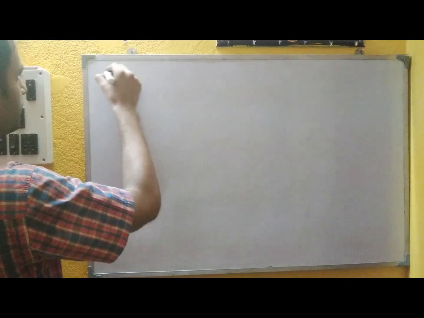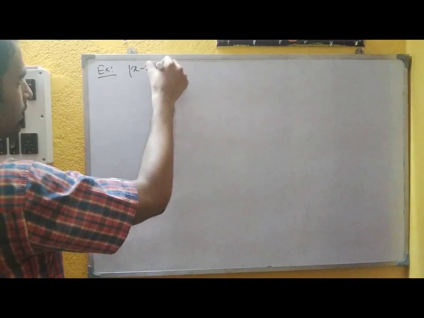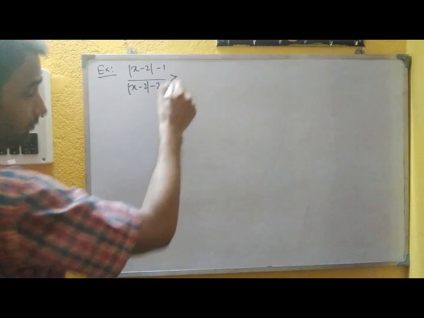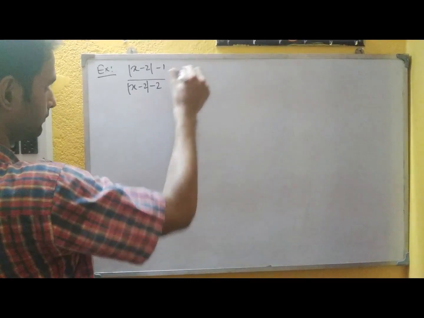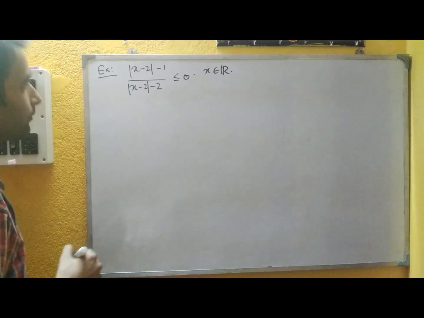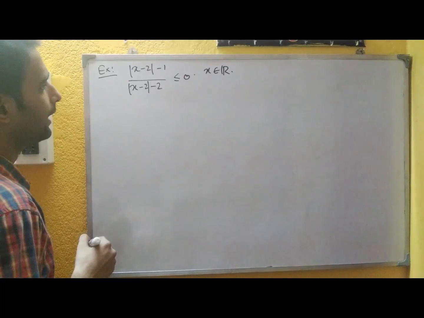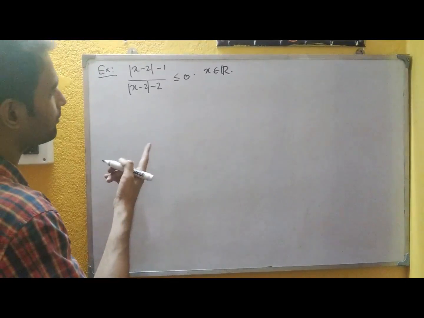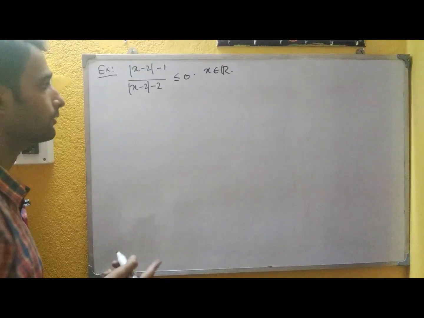So let us solve this problem. Mod of x minus 2 minus 1 by mod of x minus 2 minus 2 is less or equal to 0, where the replacement set is given as R. Okay, so since it is a ratio and the ratio is less or equals to 0, we can say that either the numerator is positive and the denominator is negative, or the numerator is negative and the denominator is positive.